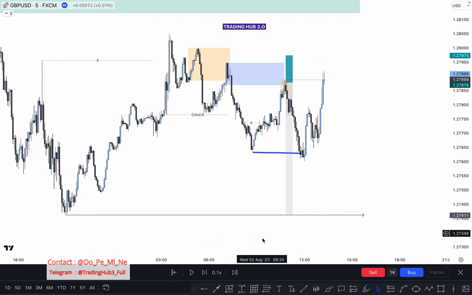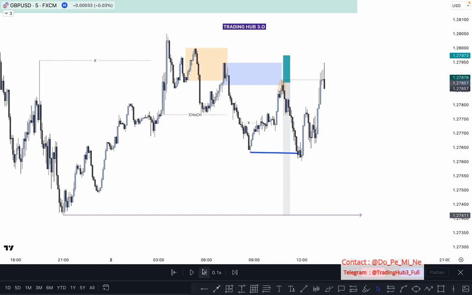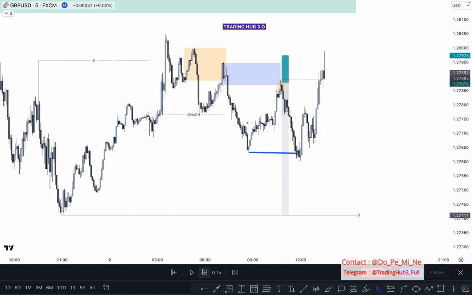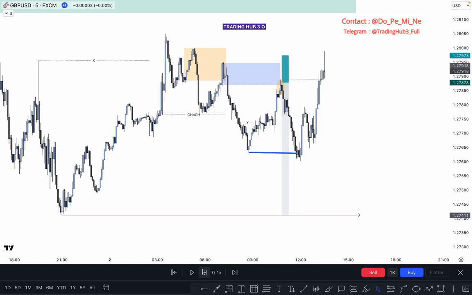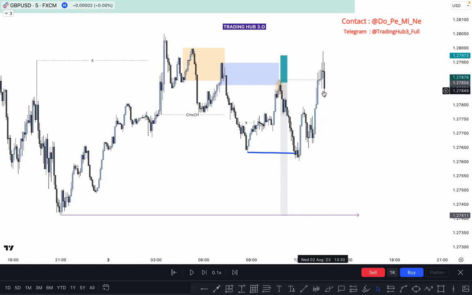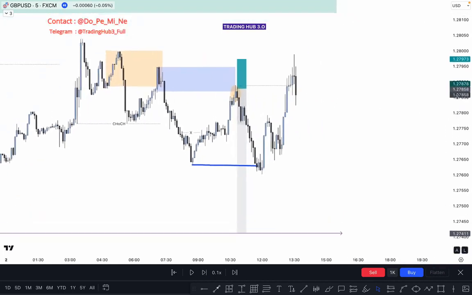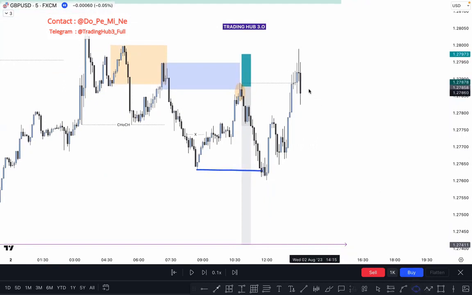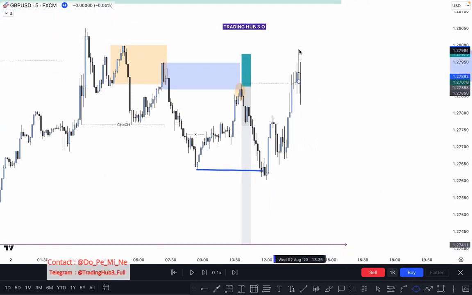So let's see what happened next after this one. Okay, perfect. There is no single candle order block created here, it just grabs the liquidity. So we can take a risk for the sell on this candlestick here, because this one is a grab of the liquidity.